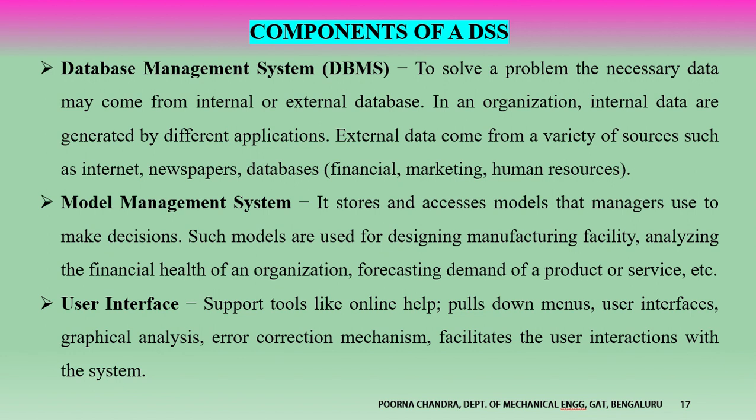In an organization, internal databases are generated by different applications, and similarly external databases will be coming from different sources, such as the internet, newspapers, databases like financial, marketing, human resources, etc. So from all these resources, the database or input will be collected.